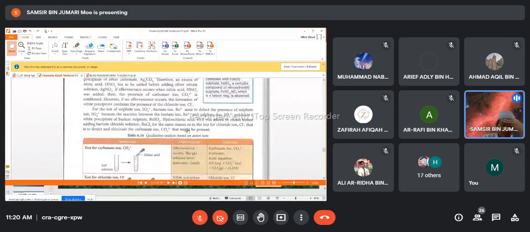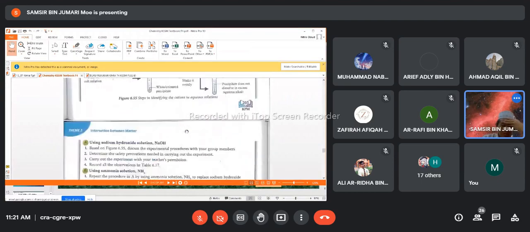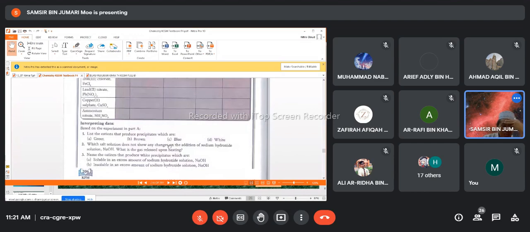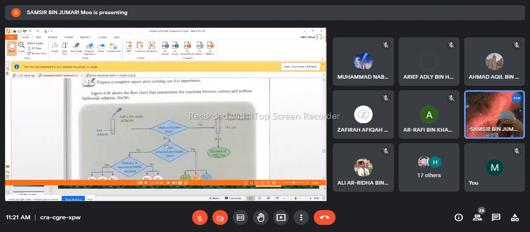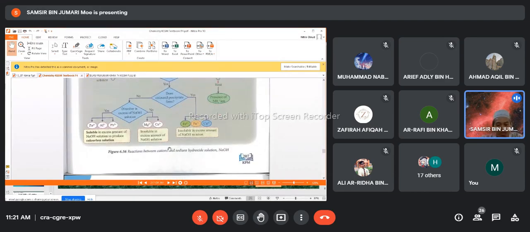In our textbooks, the first one uses sodium hydroxide solution, and the other series uses the aqueous ammonia solution. Okay, the observation.